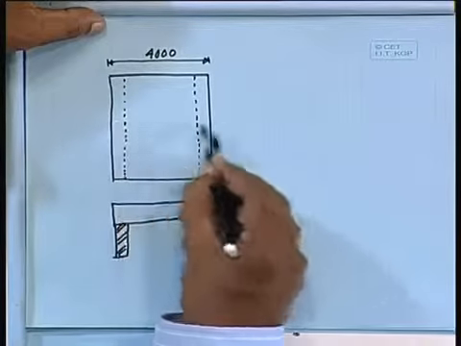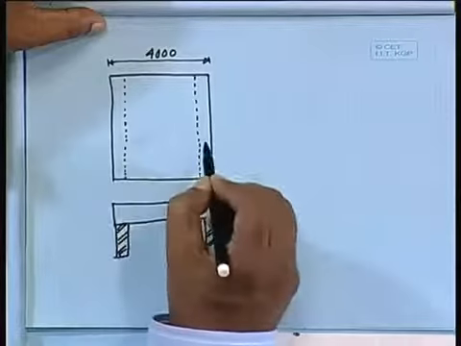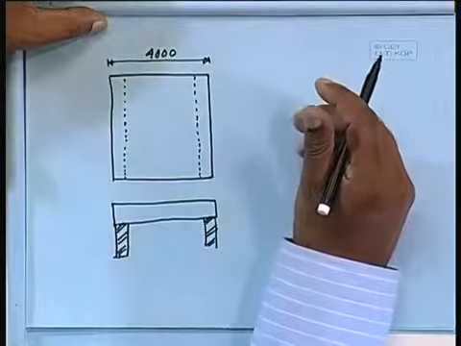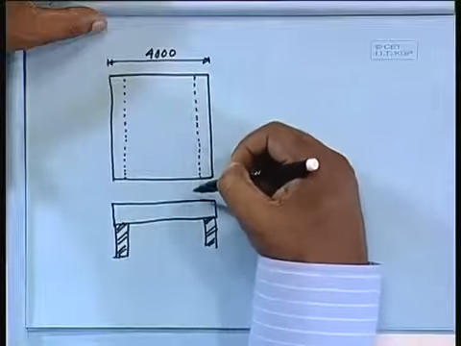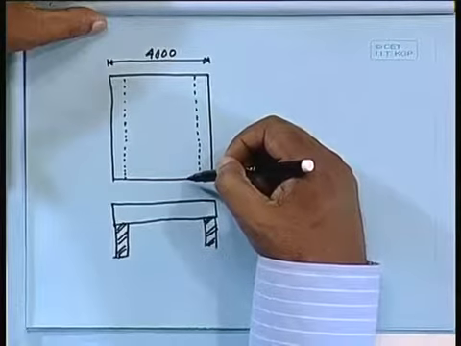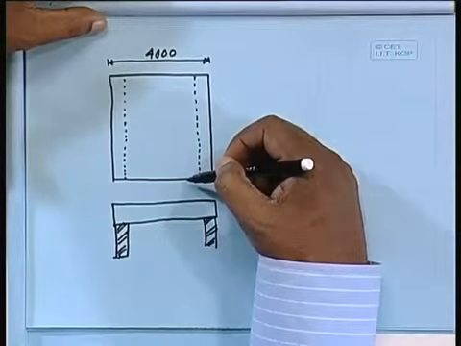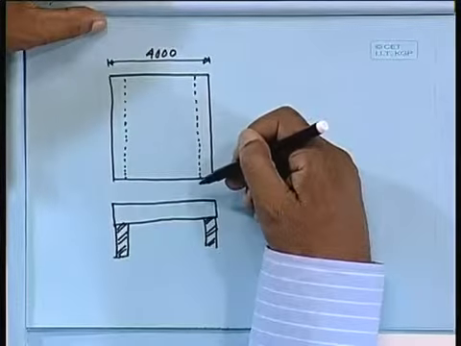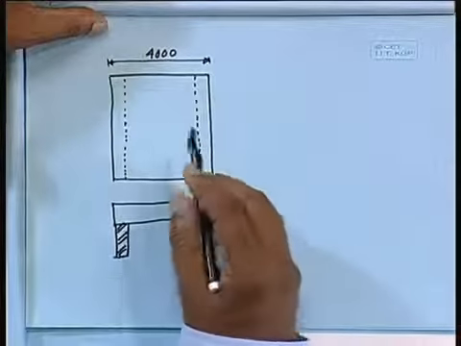We do not provide the reinforcement here. We can just simply provide the reinforcement, say just one horizontal line, but we have to provide the reinforcement at the bottom as well as at the top. So in the support also, we shall provide certain nominal reinforcement.